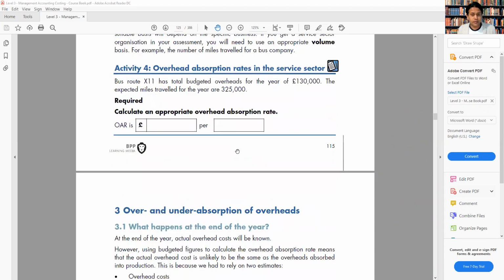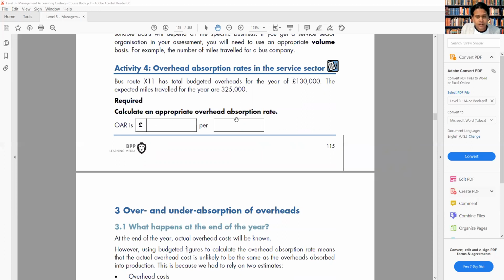The next one we have is activity 4. Have a look at this activity 4. It says overhead absorption rate in the service sector. Bus route X11 has total budgeted overhead for the year of 130,000. The expected miles traveled for the year are 325,000.